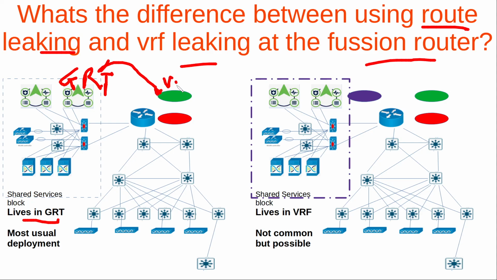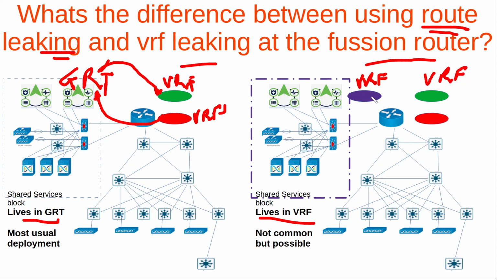Global routing table and a VRF interchanging prefixes. That is known as route leaking. But if for some weird reason your shared services block lives in a VRF, so you don't have a global routing table here, you have a VRF here, then your Fusion router will have to share prefixes between this shared services block VRF and these VRFs that come from virtual networks within your fabric.